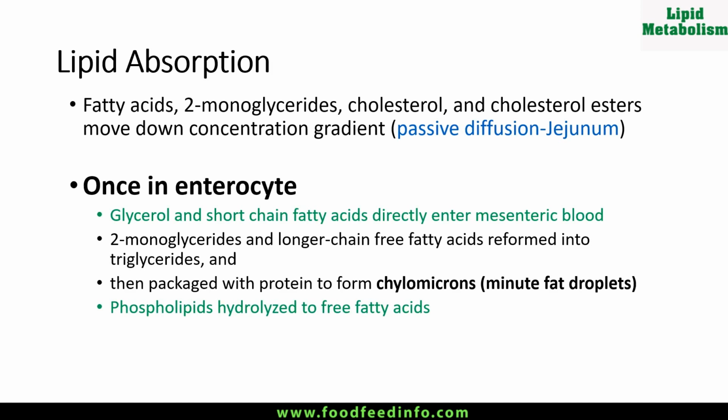So glycerol and short chain fatty acids directly enter the mesenteric blood, whereas 2-monoglyceride and long chain fatty acids are reformed into triglyceride. So there is a repackaging or reformation of triglyceride. Then they are packaged with protein to form a chylomicron.